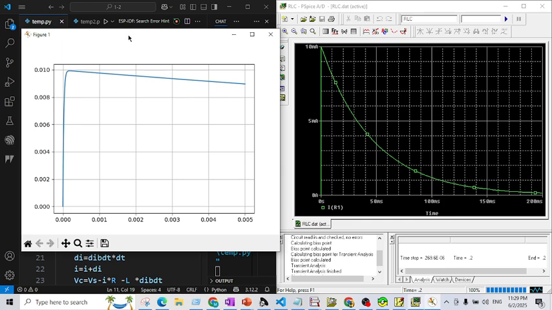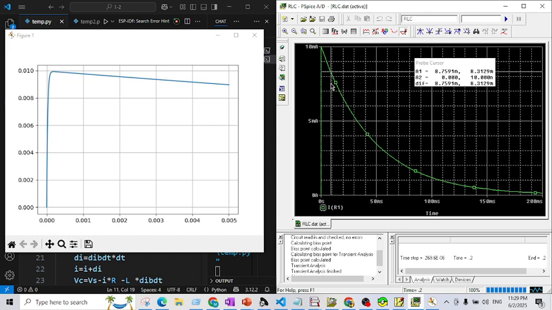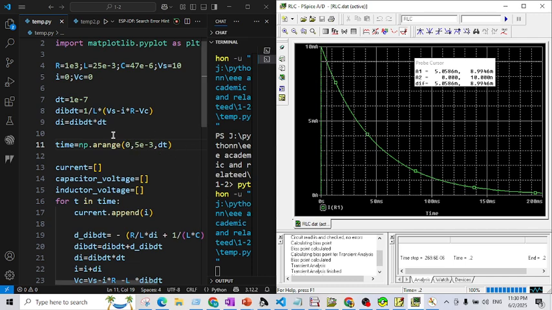I have found up to 5 millisecond. At 5 millisecond I have a voltage of 8.99. Yes, it's okay.